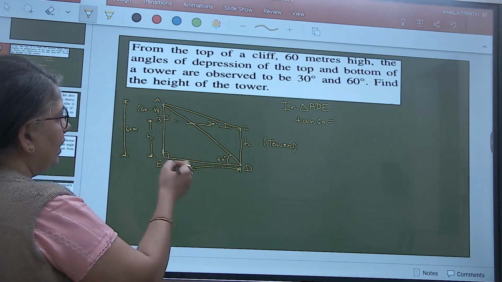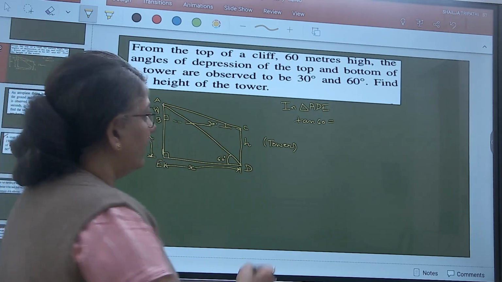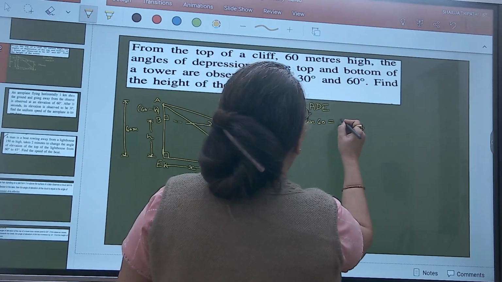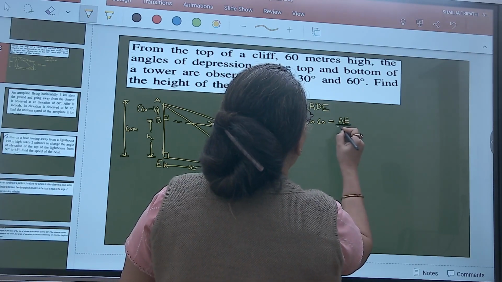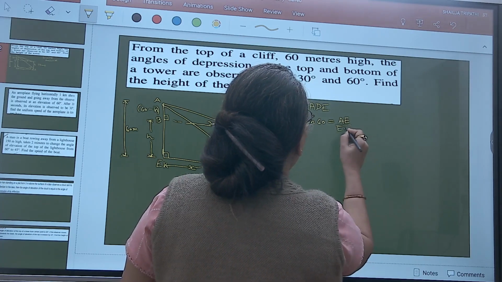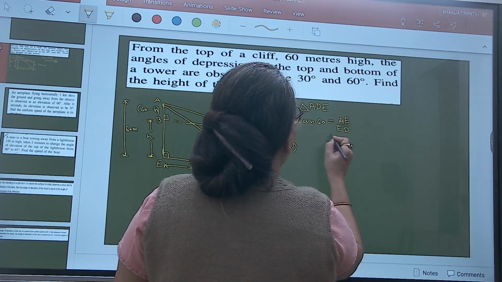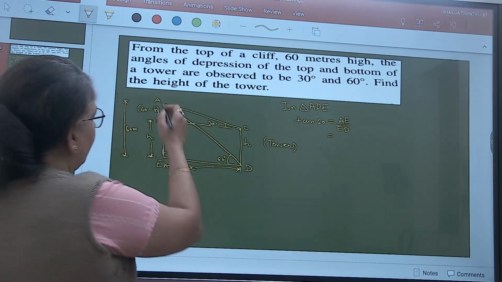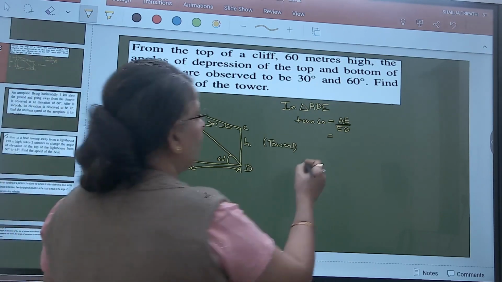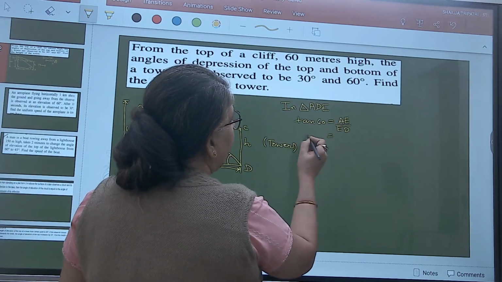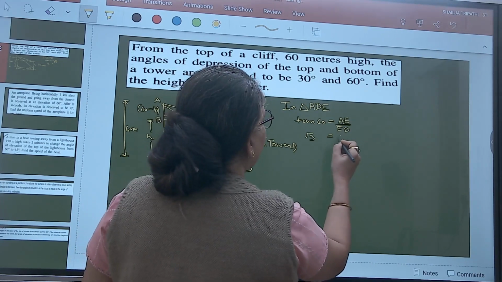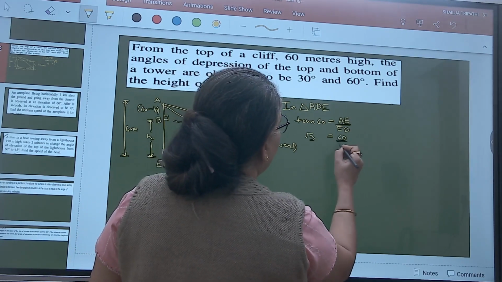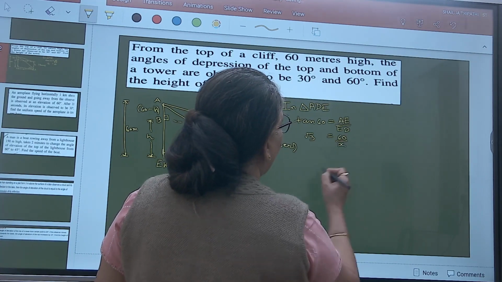So tan 60 is AE upon ED. See, AE is 60 meters. So let's put the values. Tan 60 is root 3, AE is 60 and ED is supposed to be x.